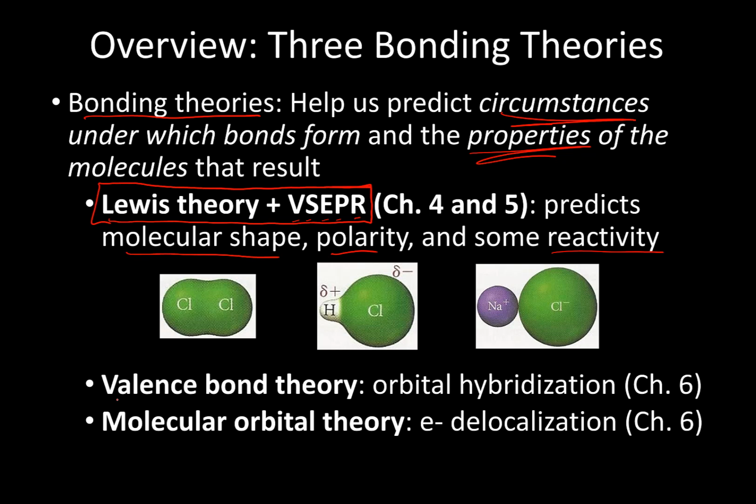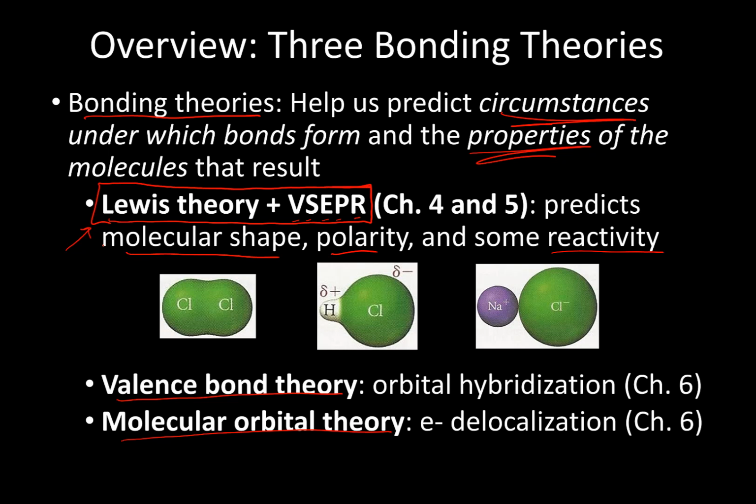These other two theories, valence bond theory and molecular orbital theory, are more accurate theories in the sense that they can explain more of what is going on with molecules. Whereas Lewis theory and VSEPR are more limited. There's a lot that they can't explain.